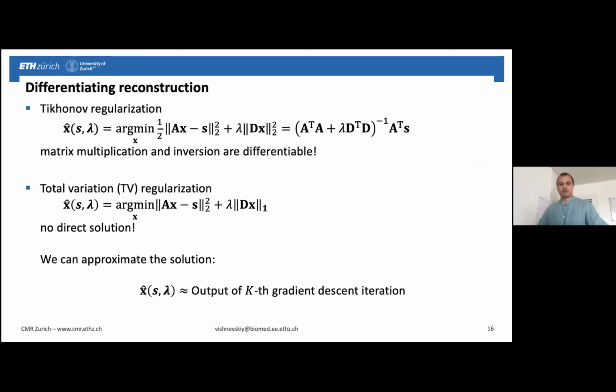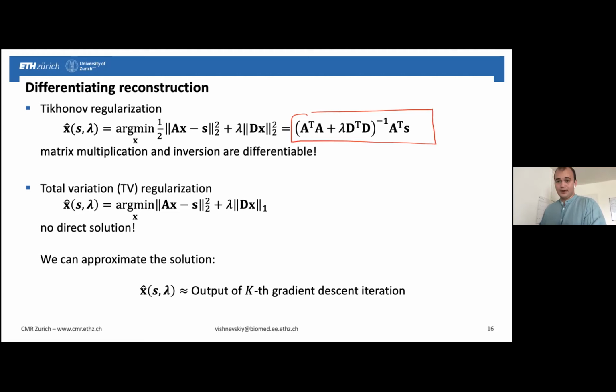In case of Tikhonov regularization, that is assuming that we have a Gaussian distribution of the image gradients, we have a closed form solution again. If you consider it, this expression involves some matrix multiplications and inversions, and those operations are differentiable.